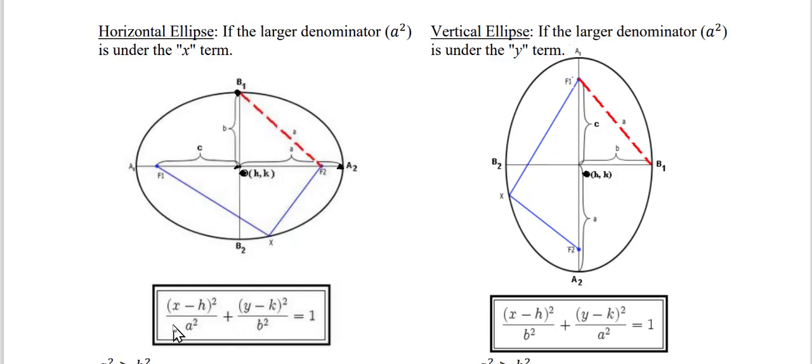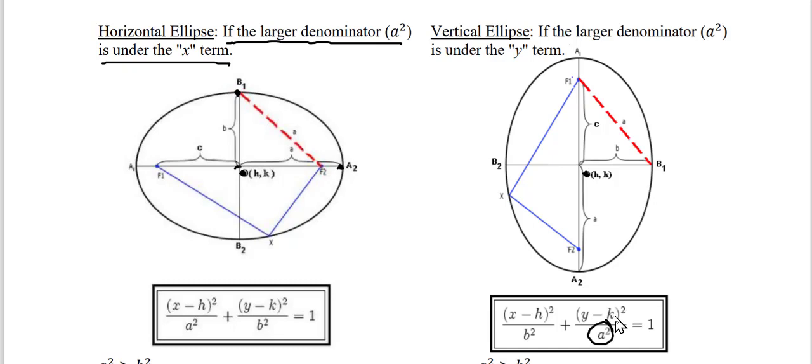I don't want you necessarily to memorize all these formulas. What I want you to think about is the larger denominator is under the x term. If that is true, you get a horizontal ellipse, meaning it is wider than it is tall. The bigger number goes under the x in a horizontal ellipse. Over here, the bigger number goes under the y in that vertical ellipse.